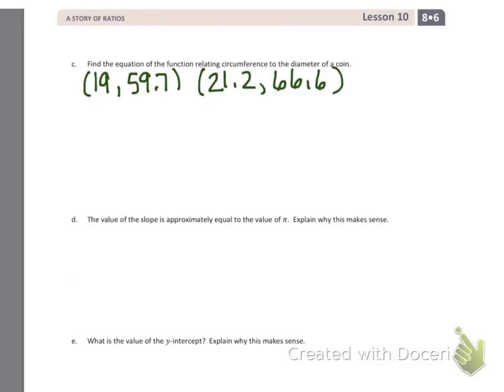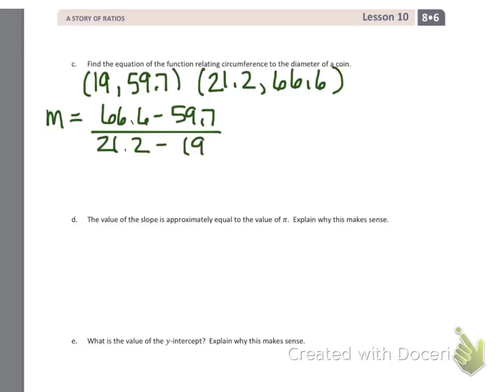So if I want to find the slope between these two points, I'm going to get 66.6 minus 59.7, the difference in y, over 21.2 minus 19. So this is equal to, down here we've got 2.2, and on top we have 6.9, when I subtract those two.